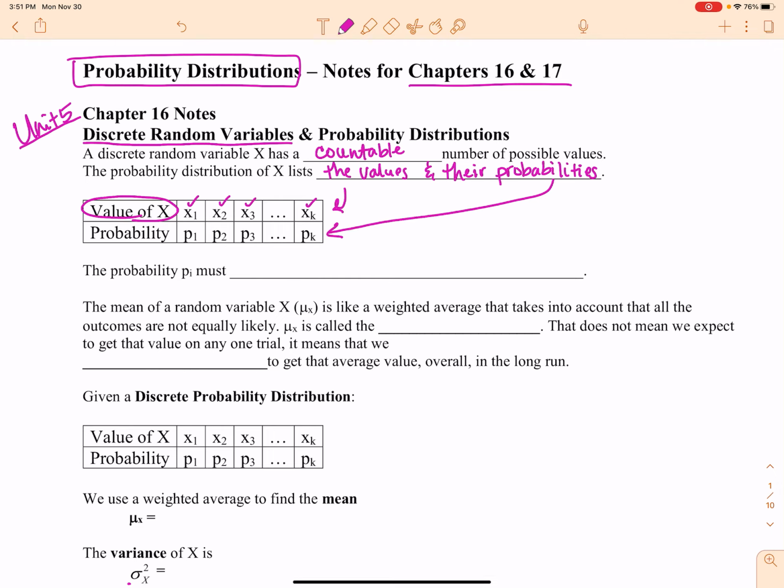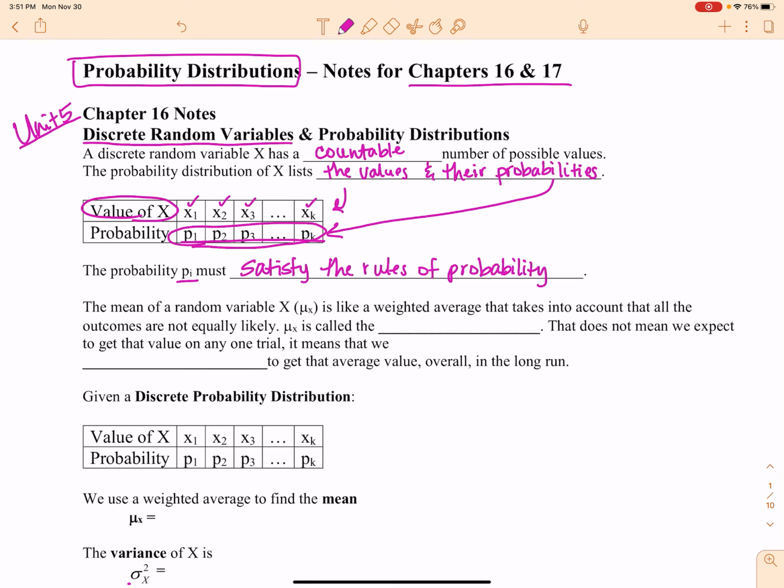Please keep in mind that your probability in this table must satisfy the rules of probability. So what does that mean? Well, that means that none of your probabilities can be bigger than 1 or less than 0, and they all need to add to a total of 1 because those are all the possible probabilities. So let me just finish filling this out here for you.